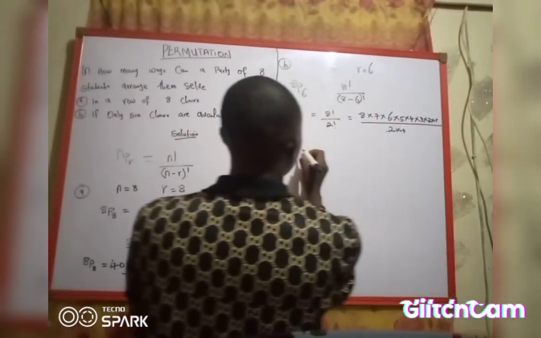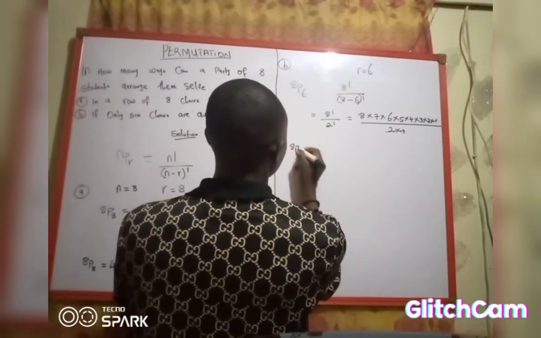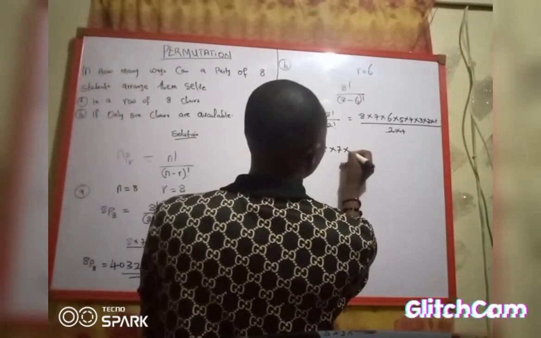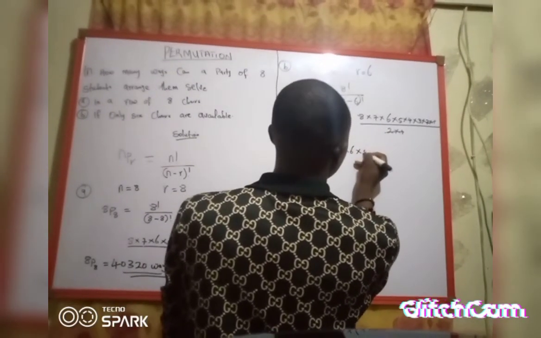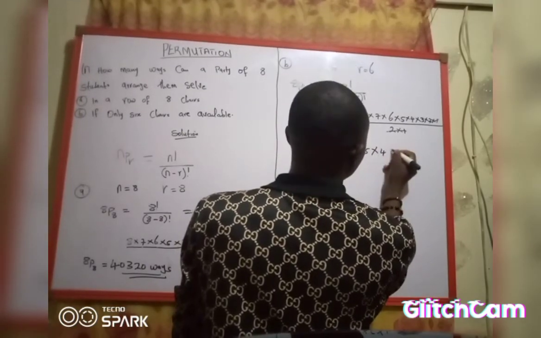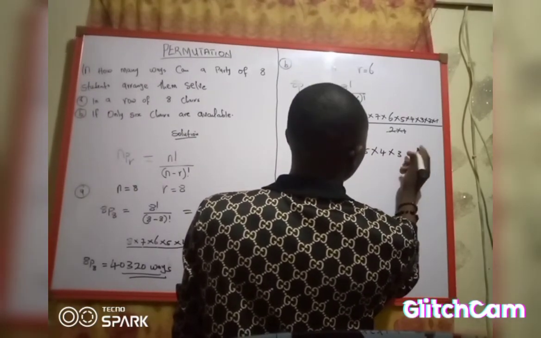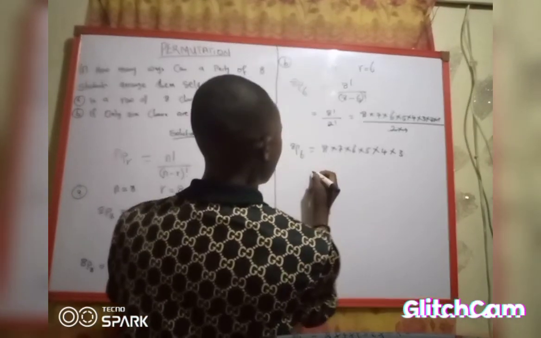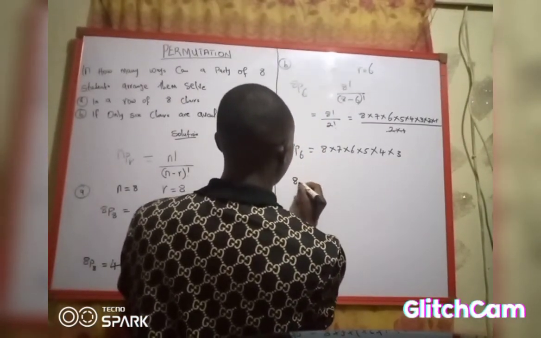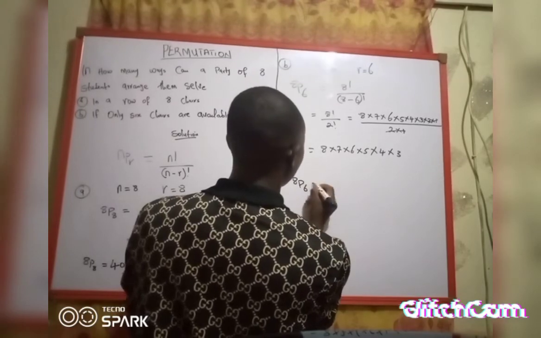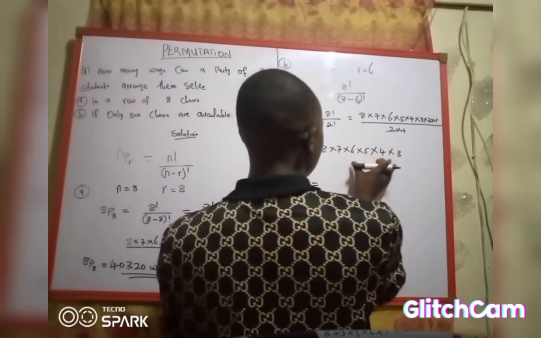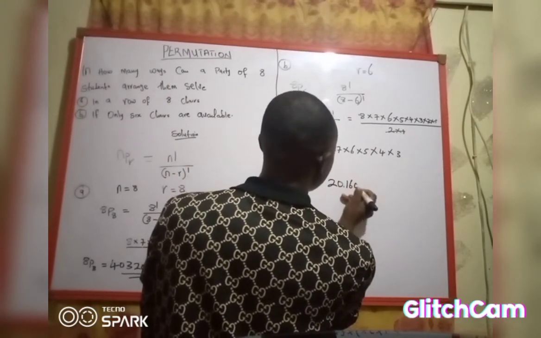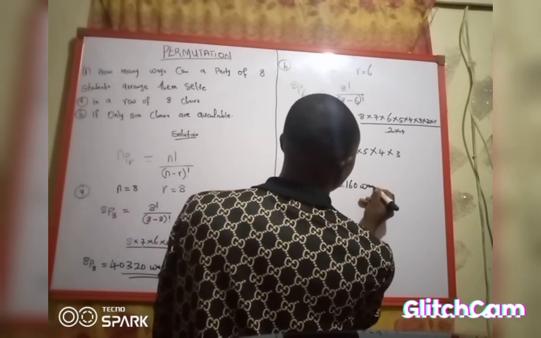We are left with 8 multiply by 7, multiply by 6, multiply by 5, multiply by 4, multiply by 3. So that is all. If we multiply this together, it will give me 8 permutation 6, which is equal to 20,160 ways.